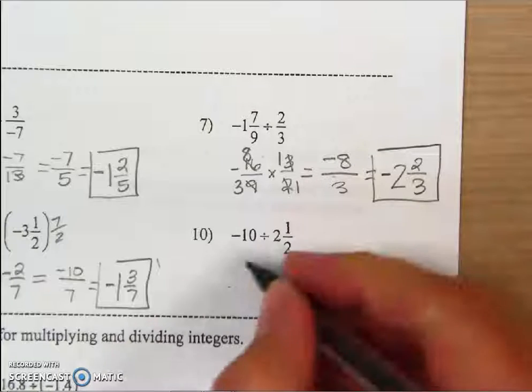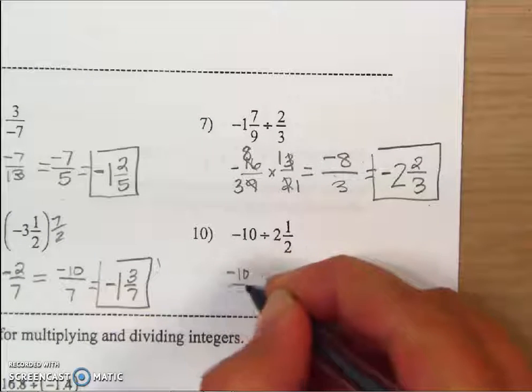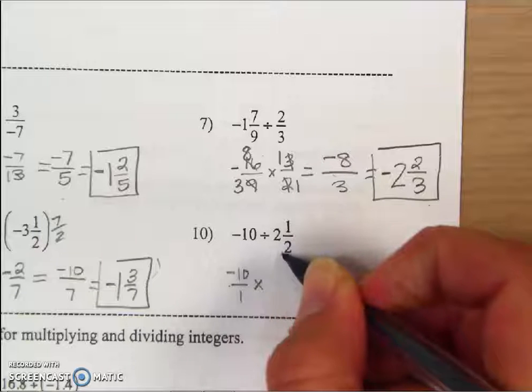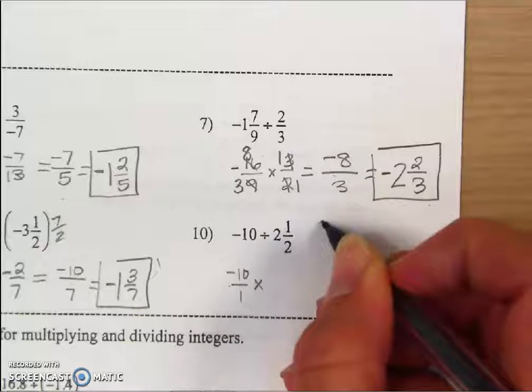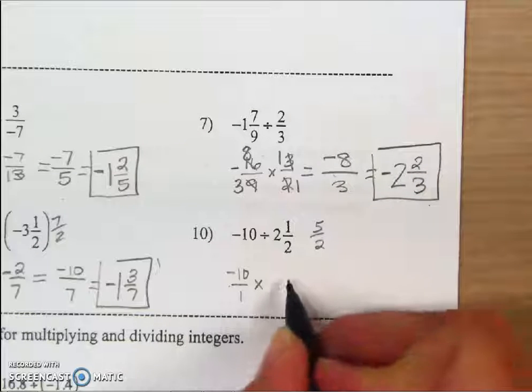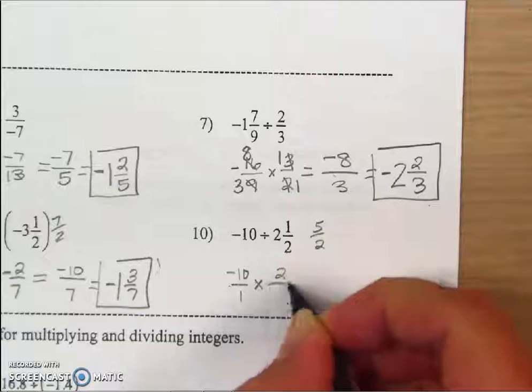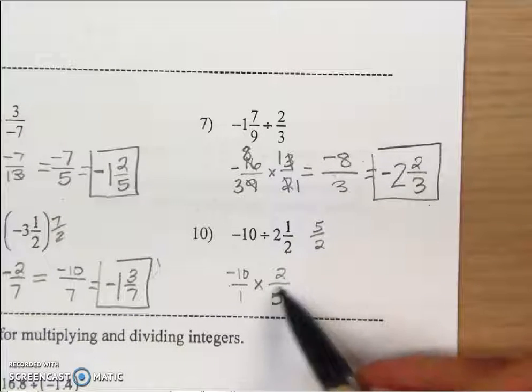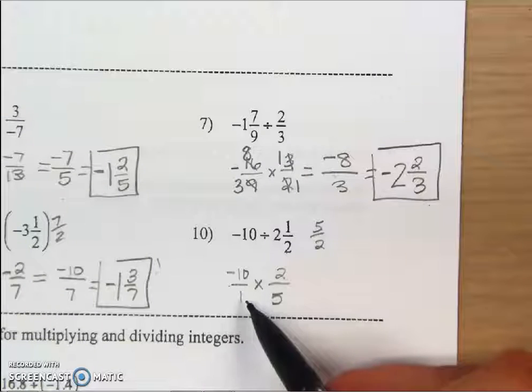Let's write it negative 10 over 1 because it's a whole number. Change to multiplication. Let's see, big by the bottom at the top. That's really 5 over 2. And so I'm going to flip it over to 2 over 5. All right. Ooh, this one has some cross-reducing. 2 and 1 I'm not going to bother with because that's already a 1.